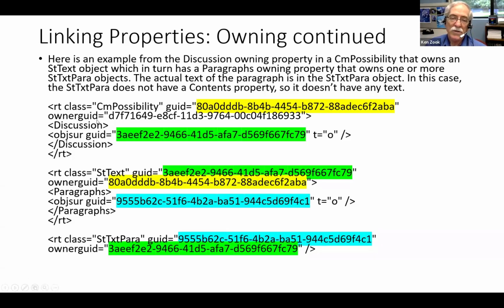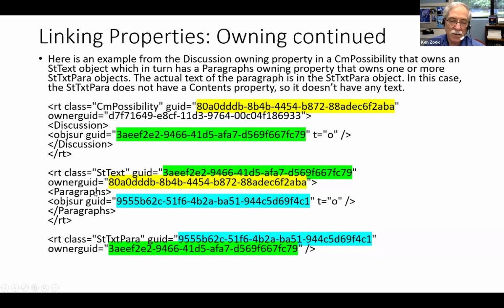So here we have the CmPossibility that has this GUID, and it has a discussion that has this GUID, and so the discussion now is an StText, which has this matching GUID here, and then it has an owner GUID that refers back up to the CmPossibility list.